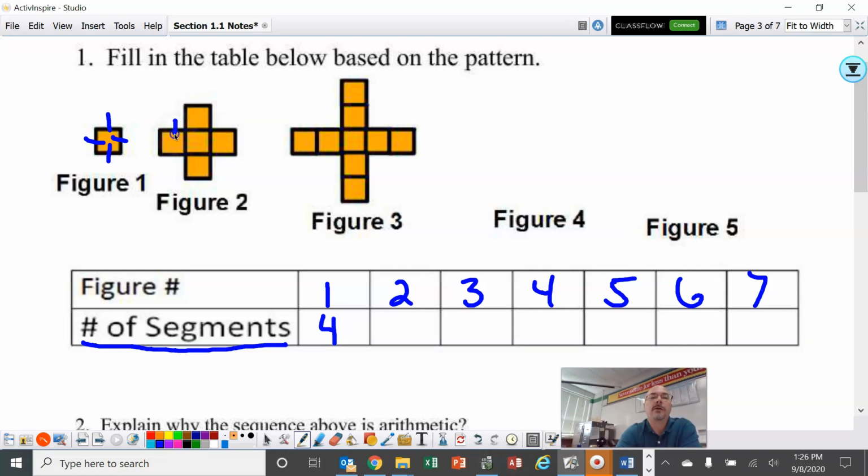I'm going to follow a pattern here. 1, 2, 3, 4, 5, 6, 7, 8, 9, 10, 11, 12, 13, 14, 15, 16. Whoa. Now if I do that for the next one, I count each segment. I'm not going to take the time to count every single one because I already know it. But if I did do that, I would find out that there are 28 line segments making that figure.